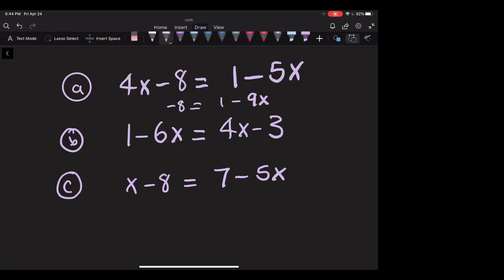So it's negative 7 on top of negative 9. Yes. Wait. Your answer is x is equal to negative 7 over negative 9?